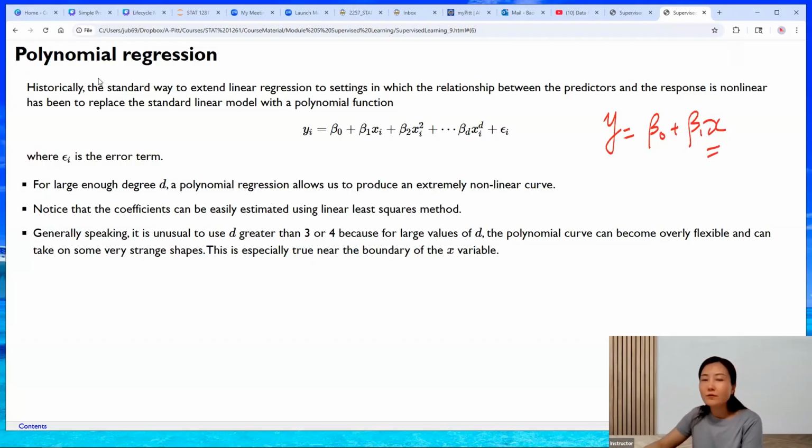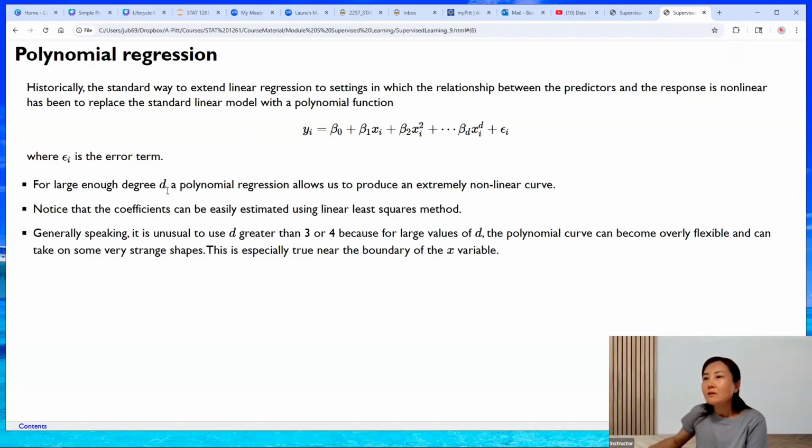Then if you think there is a nonlinear relationship between x and y, you can add a square term or even a cubic term or even higher degree terms. So in theory, for large enough d, where d is the degree of the polynomial, for example, if the maximum order term is the cubic term, then d is 3.